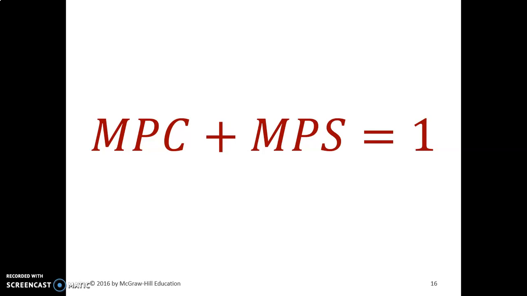It seems pretty simple. It seems like an obvious thing to point out, but we point it out for a reason. And we're going to see this a little bit more as we get into the formulas for the multiplier effect. But this can be a very useful identity because you are going to face exam questions that ask you what your marginal propensity to save is, but all you're given is a marginal propensity to consume.